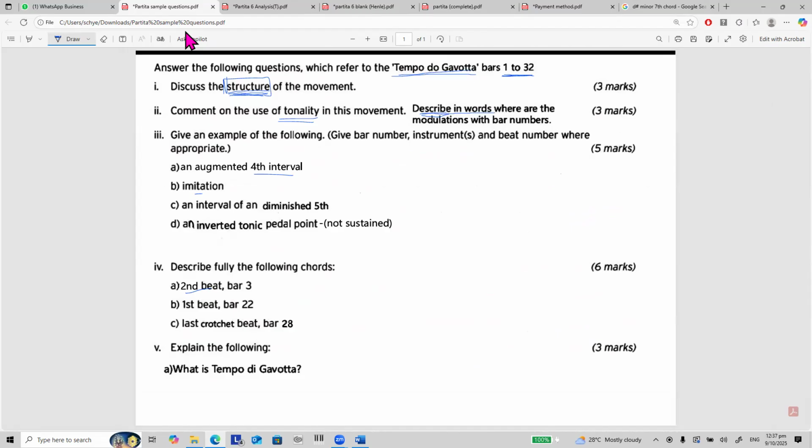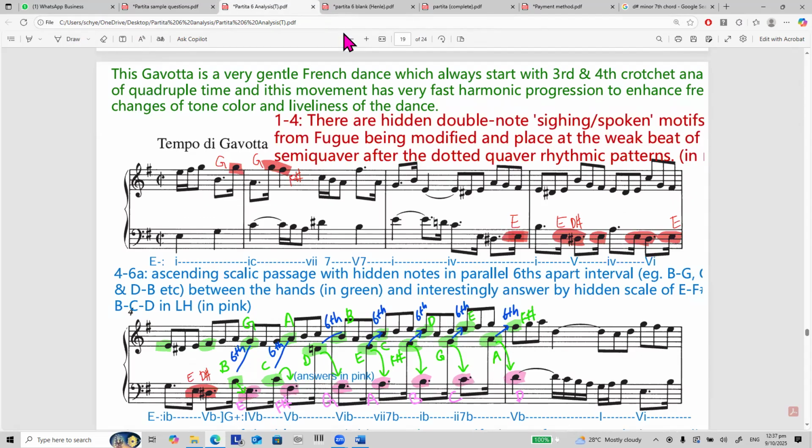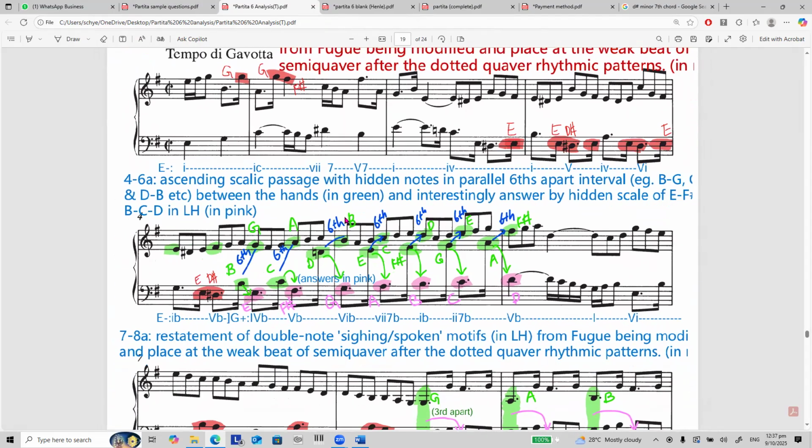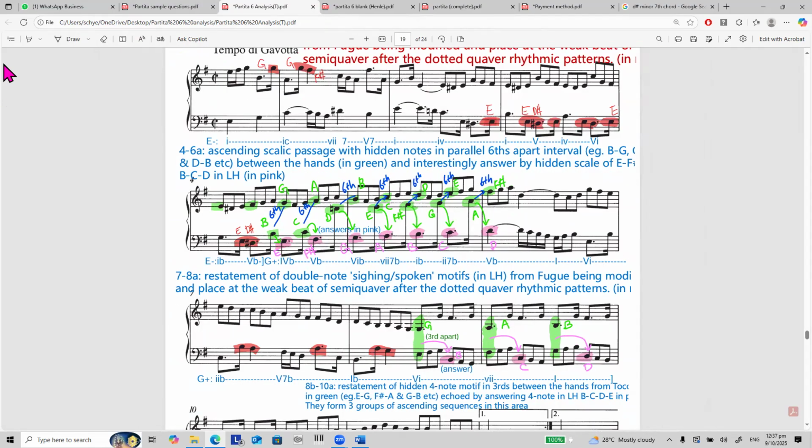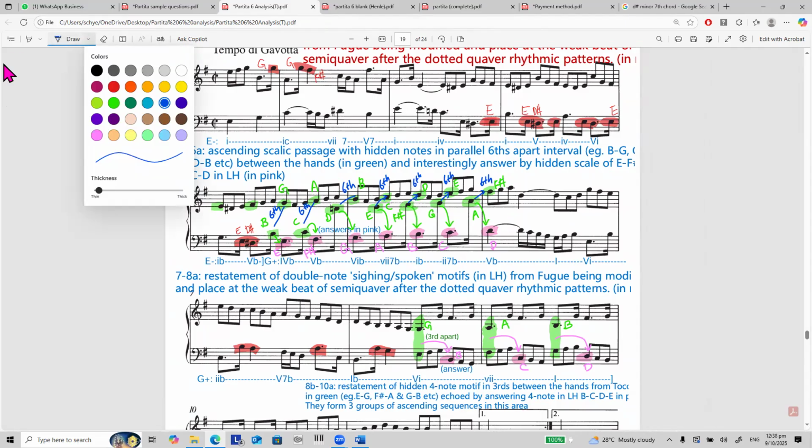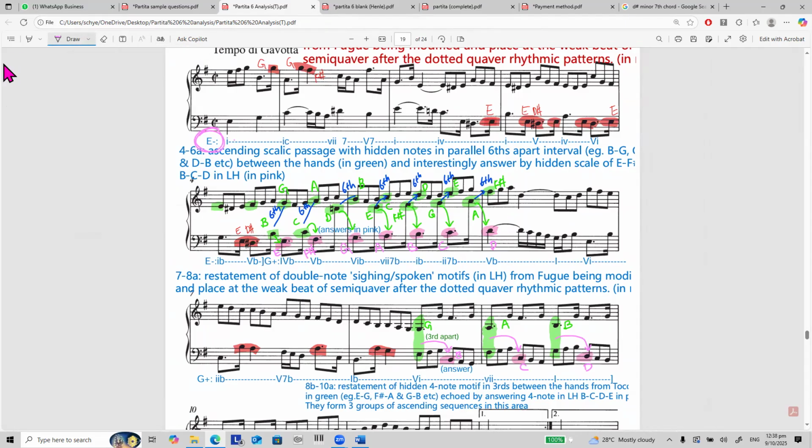They want you to comment on the use of tonality in this movement. So you need to describe in words where the modulations are, with bar numbers. You can see in my analysis, I marked out all the modulations for you. Bar 1 to 4, which is from here, starts with E minor until bar 4.